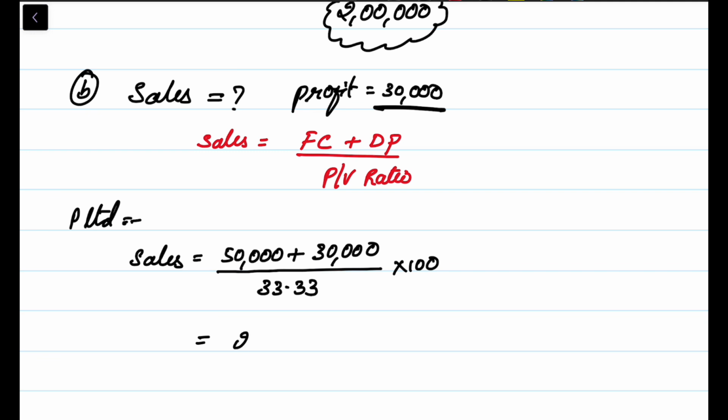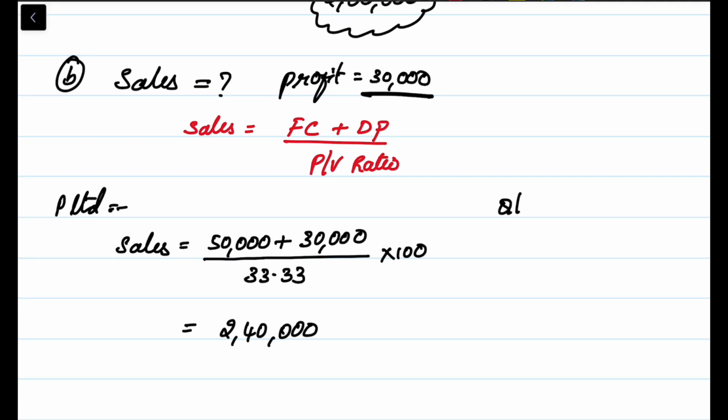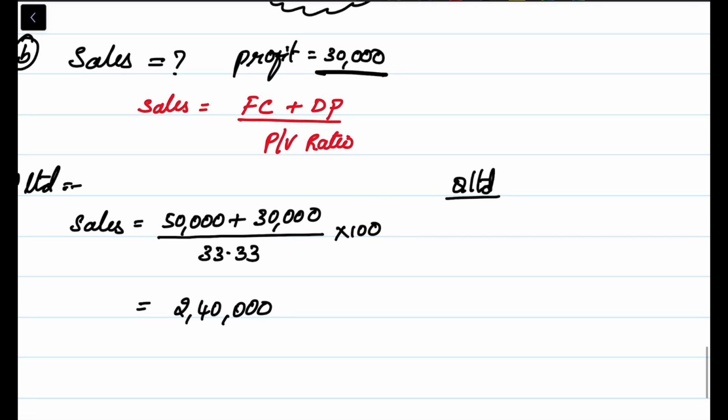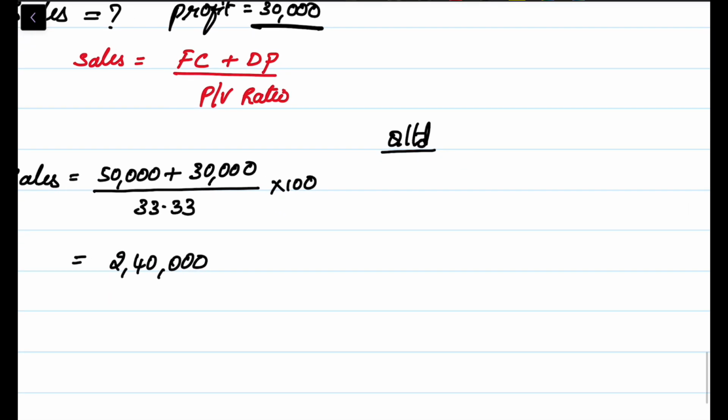Because it is in a percentage, that's why I'm multiplying with 100. So the sales is 2,40,000. So they need to generate sales of 2,40,000 to earn a profit of 30,000.